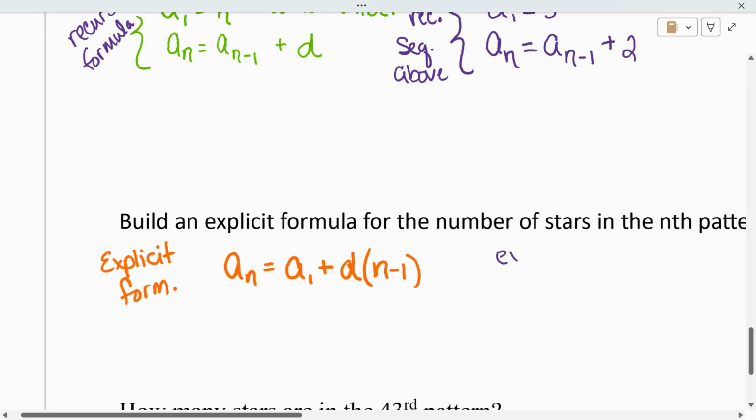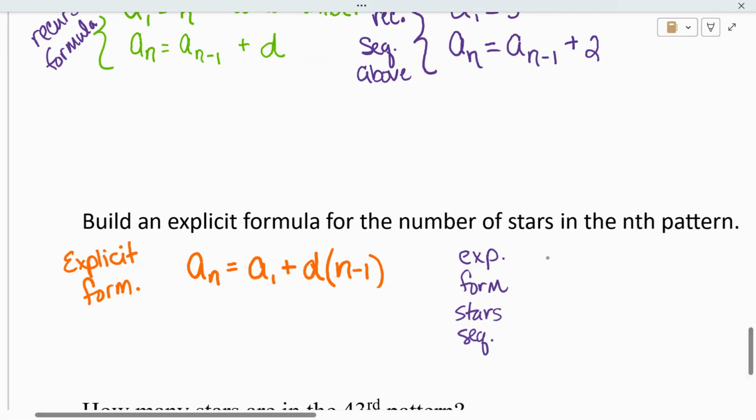So let's write the explicit formula for our stars sequence. What was the first term in the stars? What was a sub 1? 3.